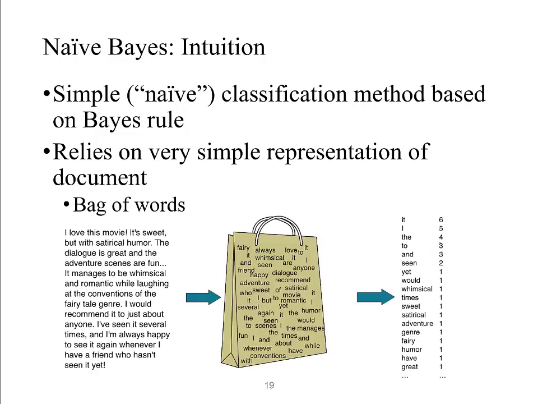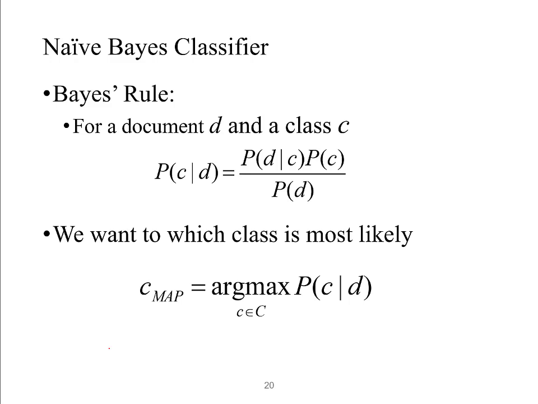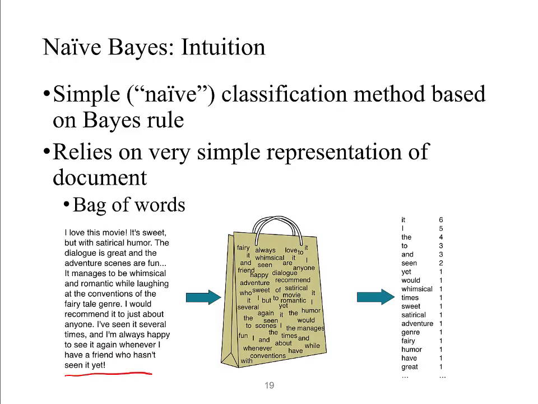So basically, this is the document, and you can imagine you do the tokenization and throw each and every word in a bag, right? And so essentially, you just count the occurrence or the frequency of each word.